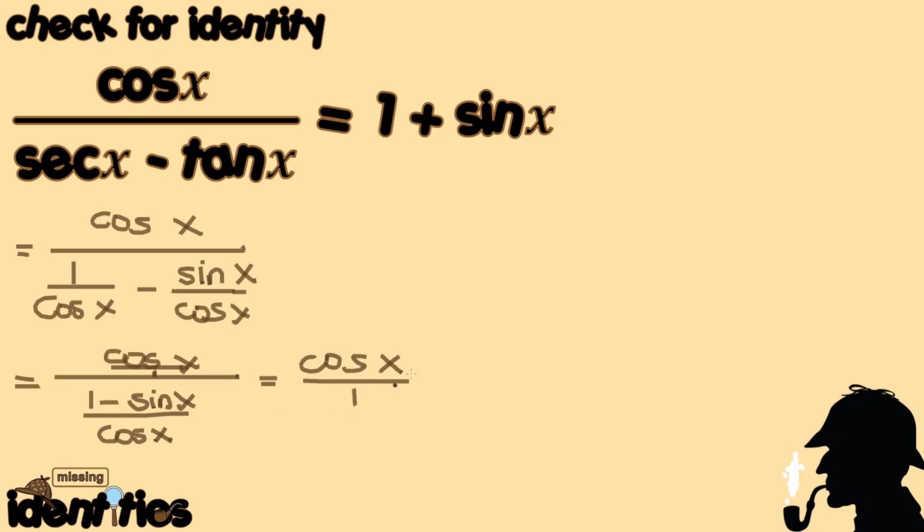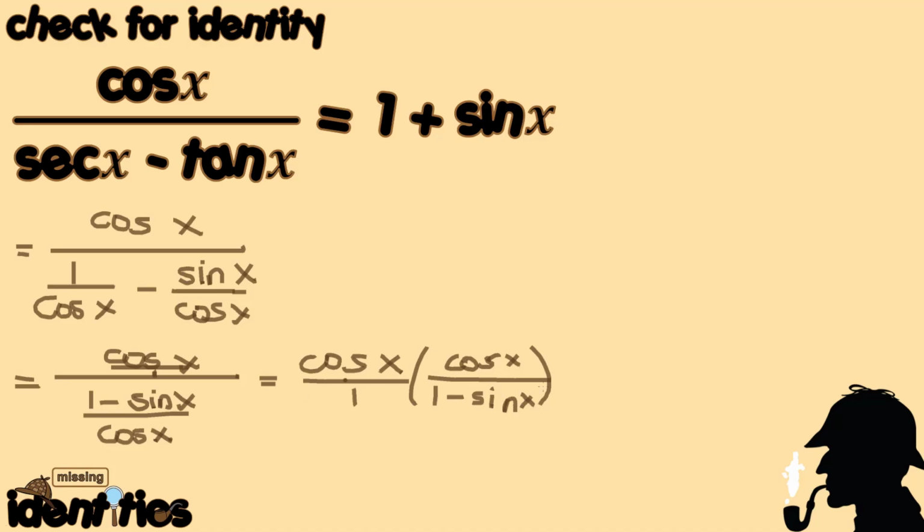So we kept it. Change means we're going to change the operation from division to multiplication, and we're going to flip our denominator, our second rational expression, our divisor. So flipping that, we have 1 minus sine x here.